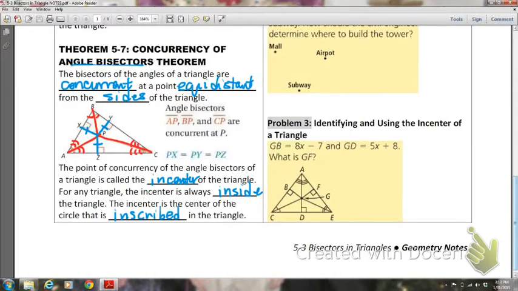So if you inscribe the circle inside there, each one of those segment lengths between PX, PY, and PZ are all congruent segments because they're radii of that inscribed circle. So let's look at the examples.